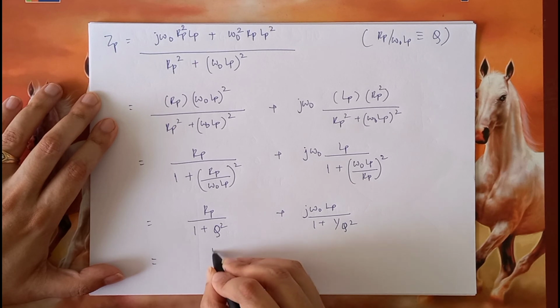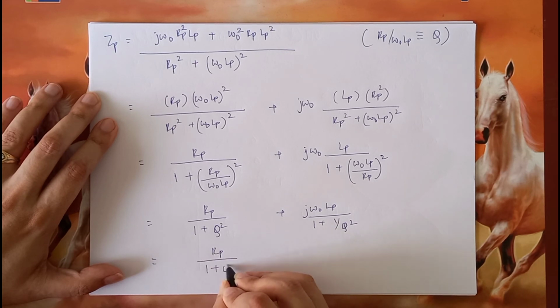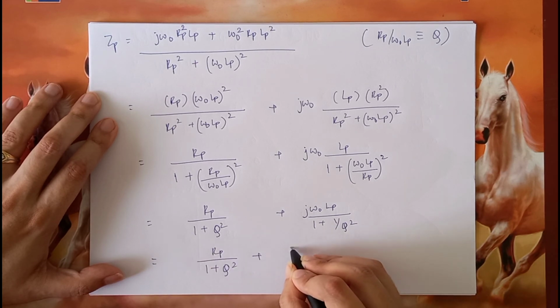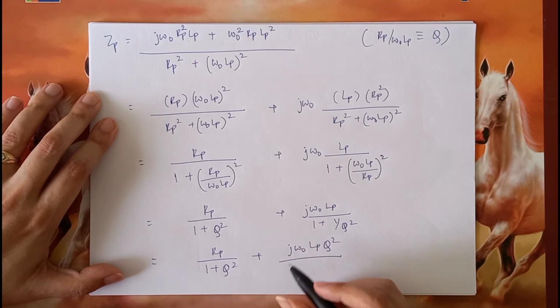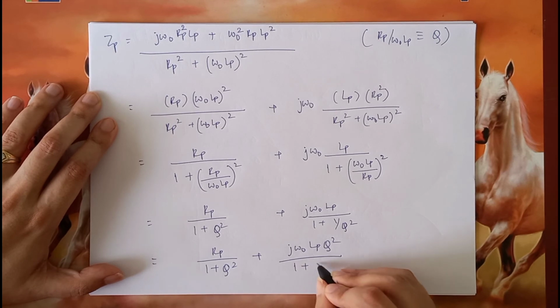So this becomes Rp plus j omega 0 Lp Q square divided by 1 plus Q square.